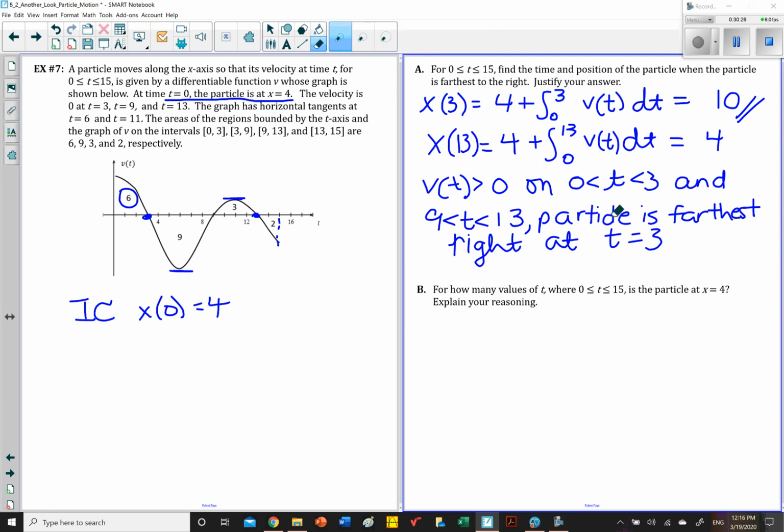Now part B, for how many values of time on that interval from 0 to 15 is the particle at 4? Explain your reasoning. Well, we know that the particle is continuous.